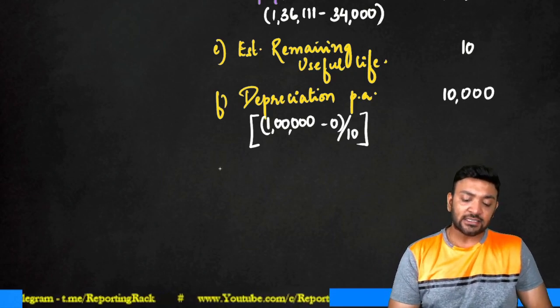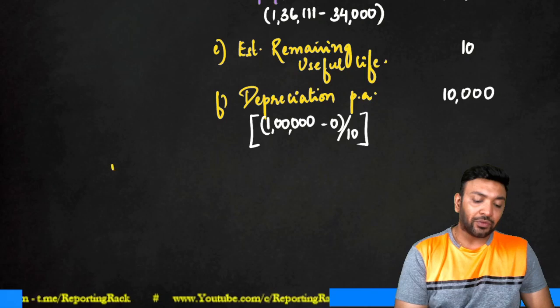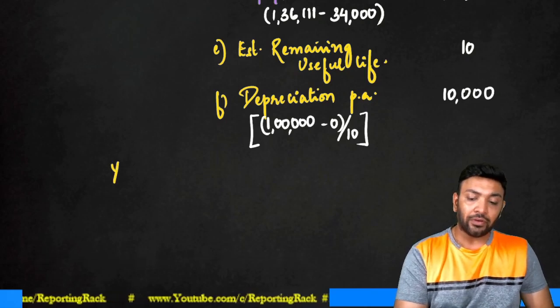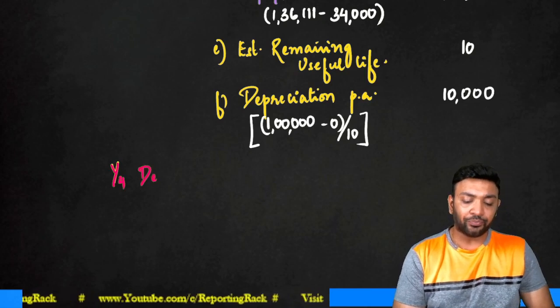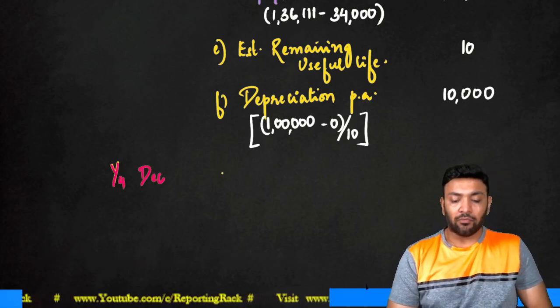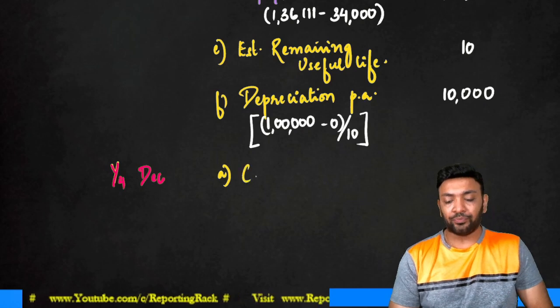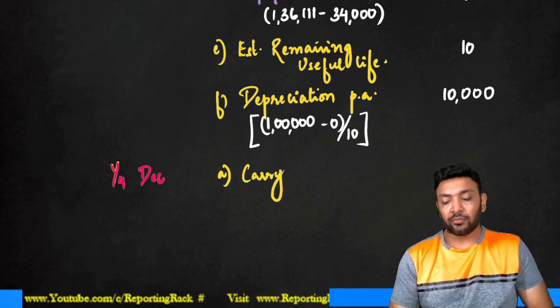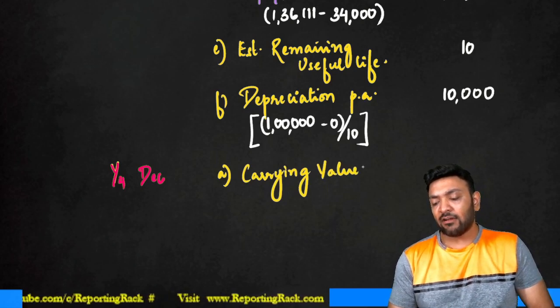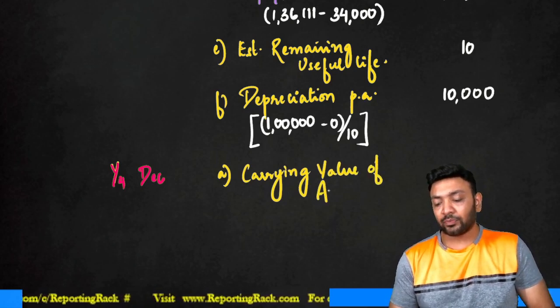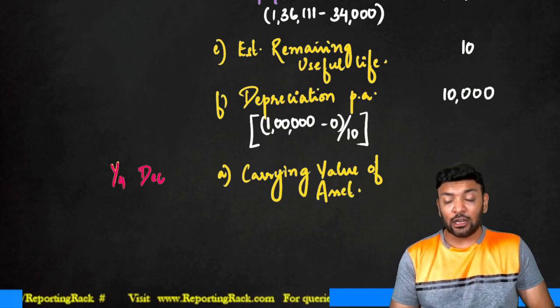On this basis, at year 4 December, what would my carrying value of the asset have been at the end of year 4?